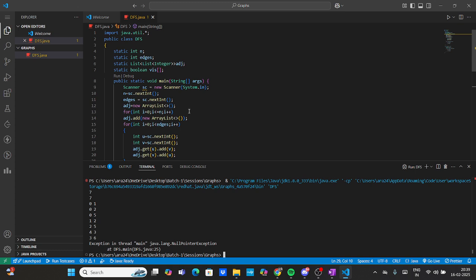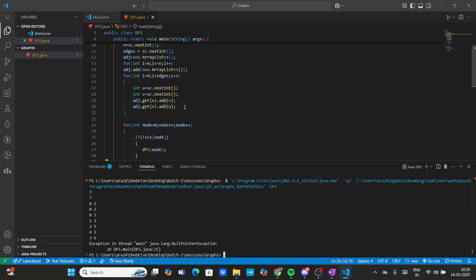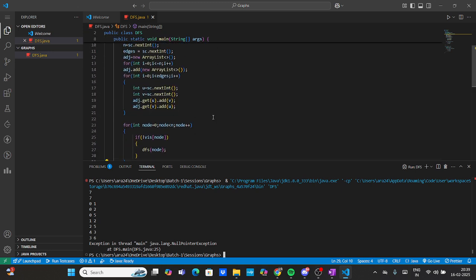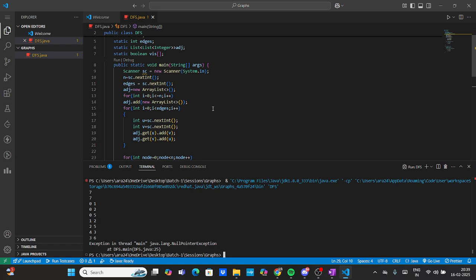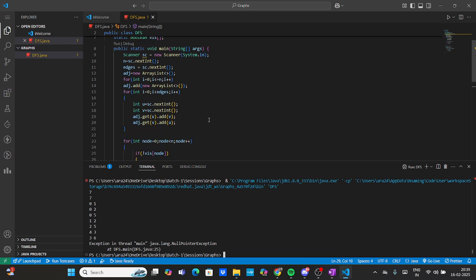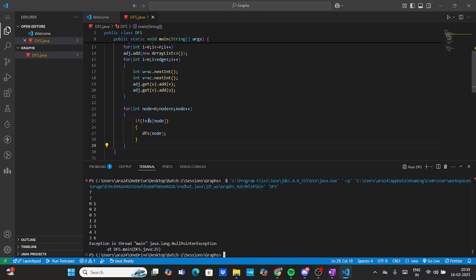Null pointer आ गया भाई. Okay, why null pointer? I just got to know. Can you guys tell me why null pointer? देखो, what's the problem? 25th line it seems.